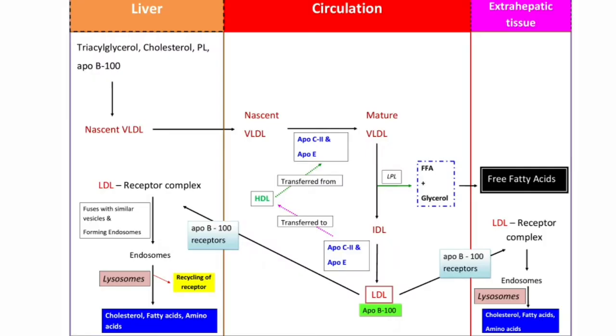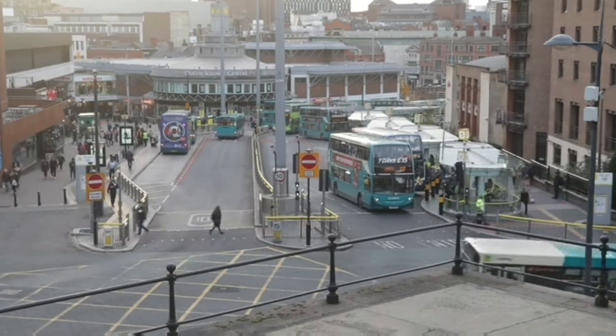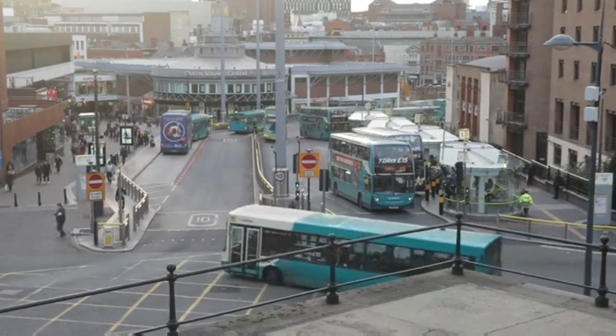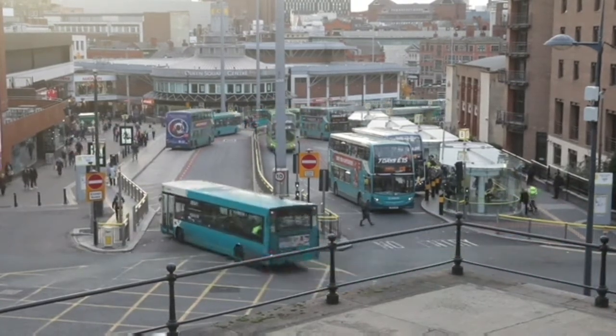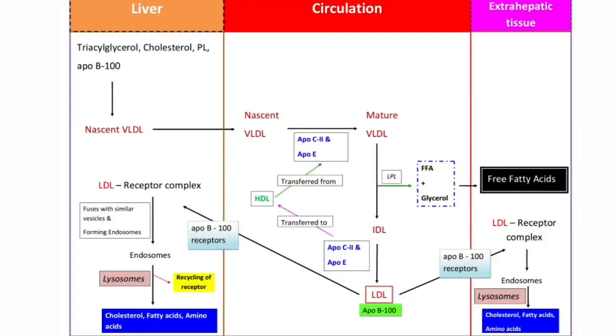To understand the function of VLDL in a simple way, we can compare the city bus services with the function of VLDL. When you see the city buses, they transport people within a city. They won't move out of the cities. In the same way, VLDL transports lipids which are synthesized within our body. They are not involved in the transport of dietary or exogenous lipids.